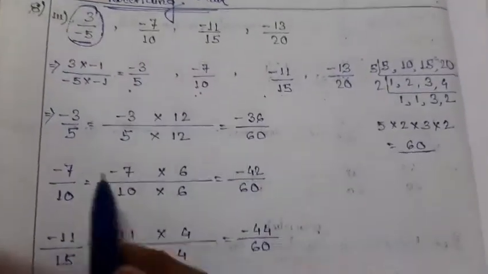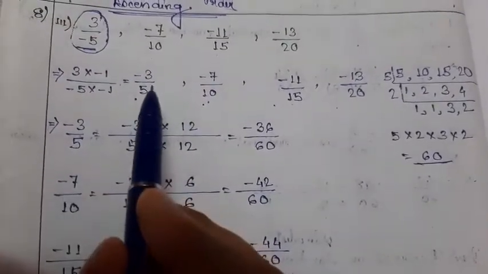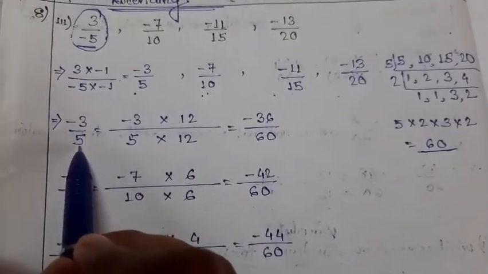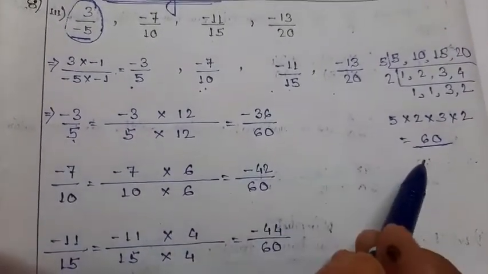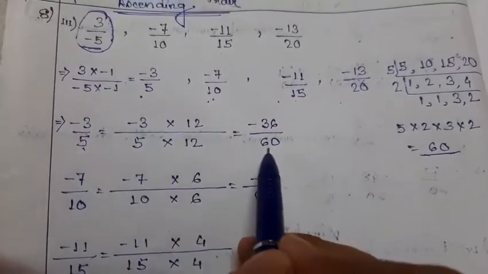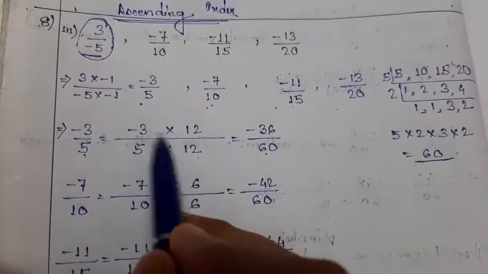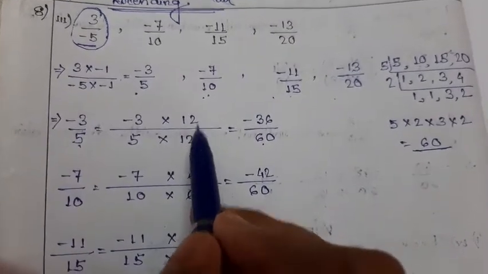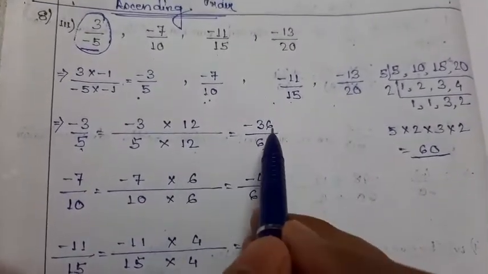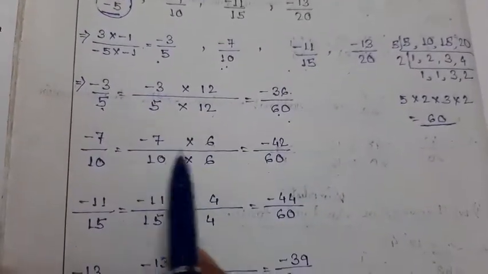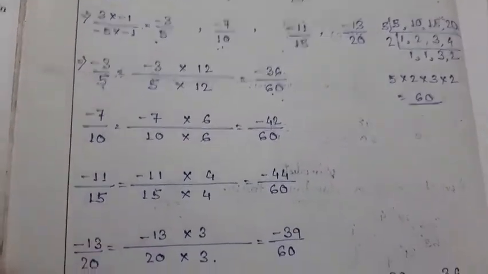And now see, minus 3 by 5 is our first rational number, and we have to make the denominator our LCM. So 5 into 12 equal to 60. So we have to multiply both numerator and denominator with the same number, that means 12, and we get minus 36 by 60. Similarly in this case, 10 into 6 is 60, minus 7 into 6 is minus 42.